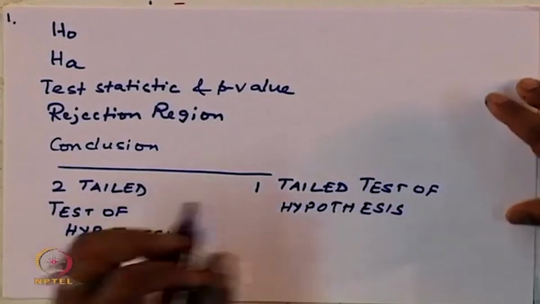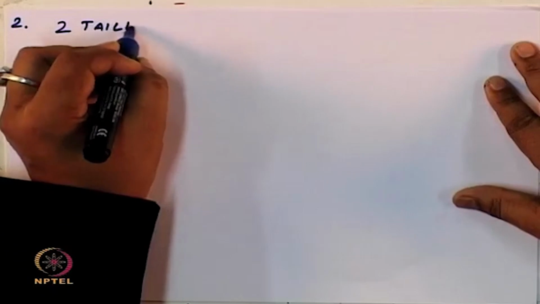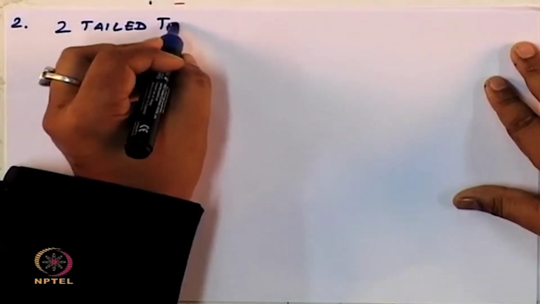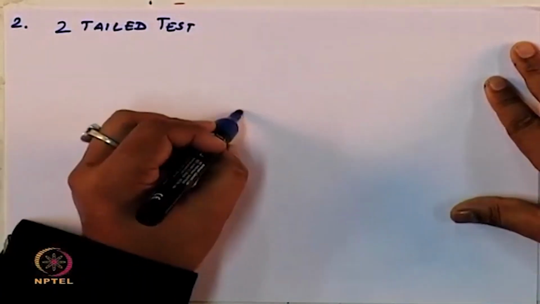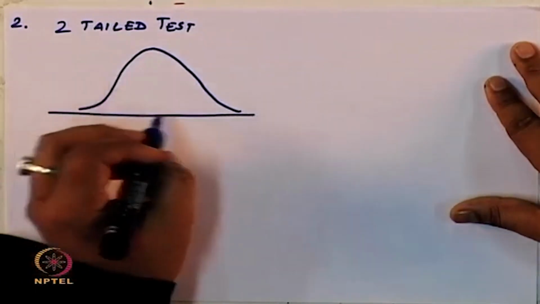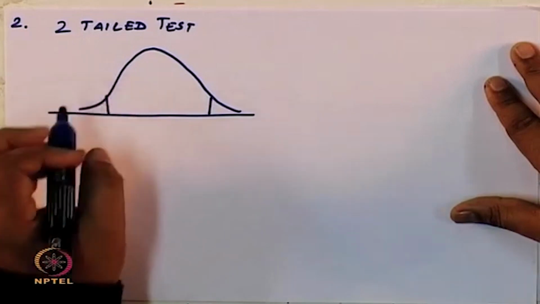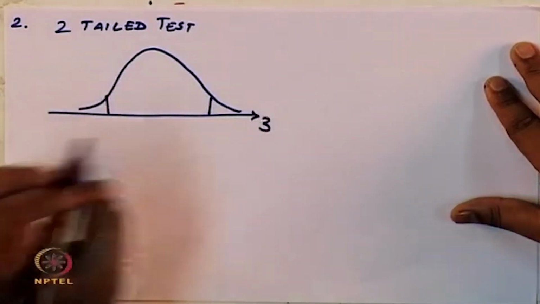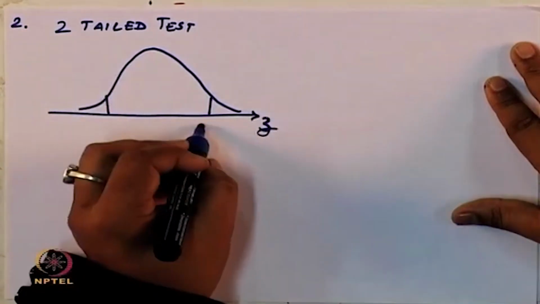So, for a two-tailed test of hypothesis, z value.